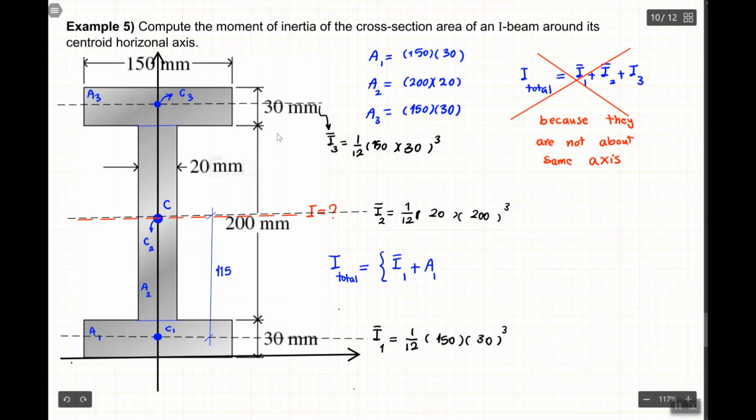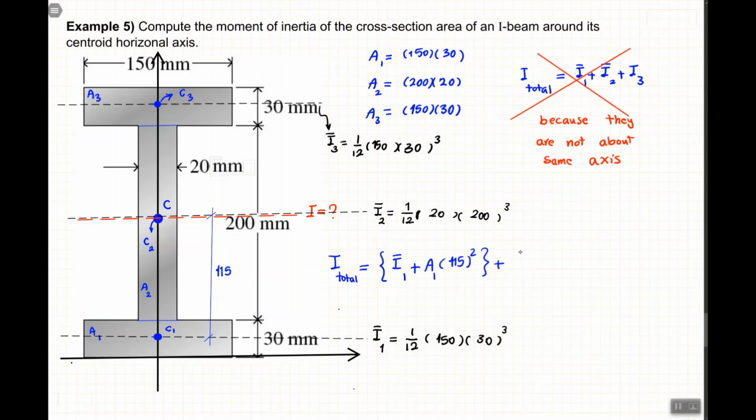You can say the whole thing is 200, half of it gives me 100, and this is 30, half of it is 15, so the distance between these two axes is 115. So 115 power 2. That's I bar 1.